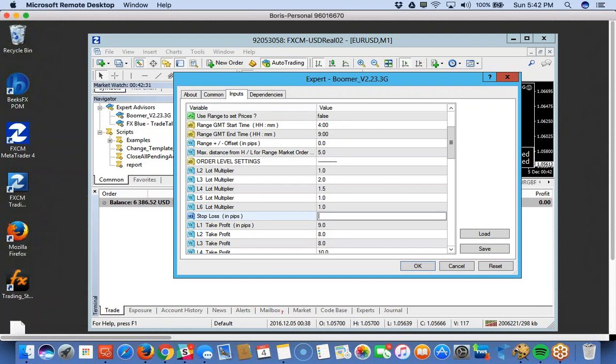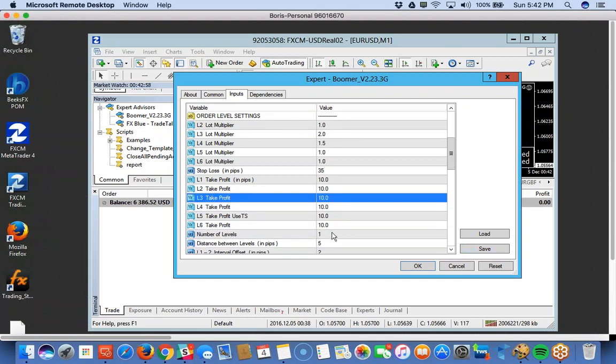So in this particular case, our first point of entry is 85, and our stop is going to be 50. So our stop loss is always 35, right? That's the original stop loss. That's how we put the stop loss. And our take profit on the first position is 10. Our take profit on the second position, it's always 10 in this Boomer Classic structure. It's always 10, right? Okay.